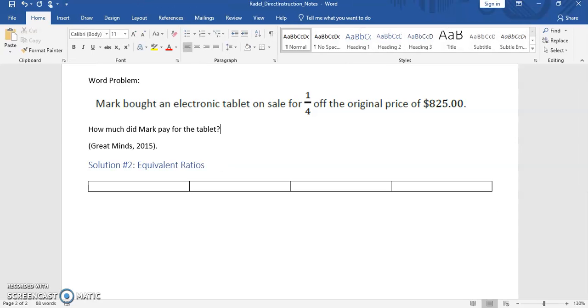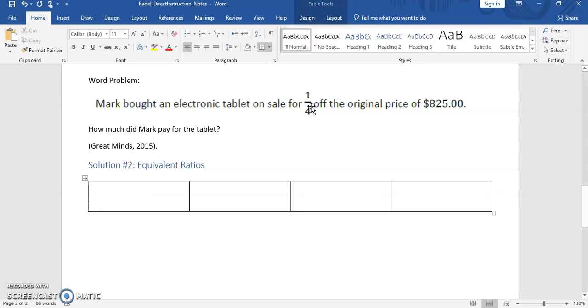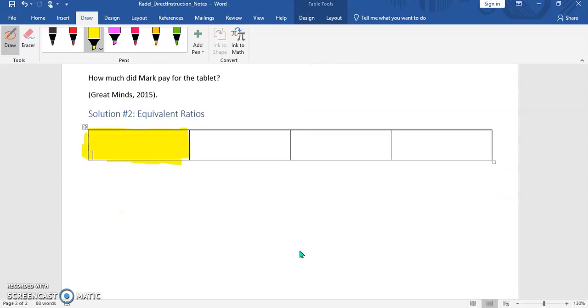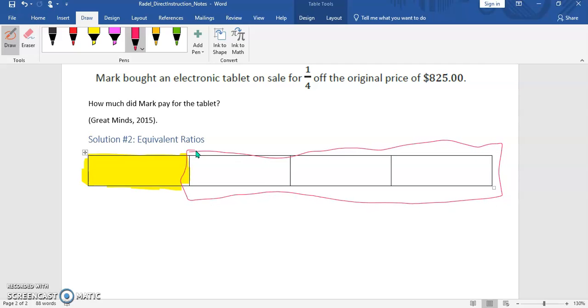So we said that if he has a sale for 1/4 off, it's like we can subtract away this 1/4 of the diagram. Or that means that he still needs to pay 3/4 of the original price. 1, 2, 3.